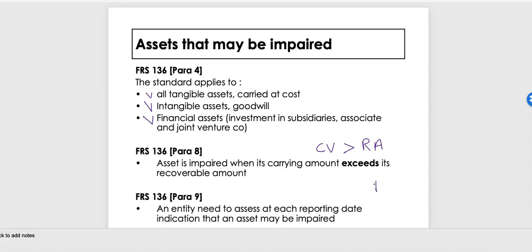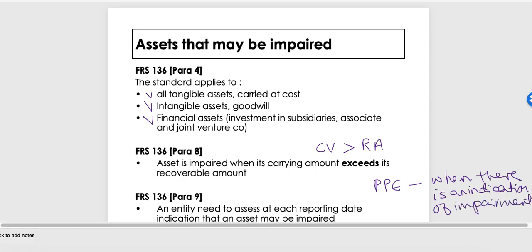So normally for PPE, we do the impairment test when there is an indication of impairment. For intangible assets, that depends on whether the IA has a finite life or infinite life.